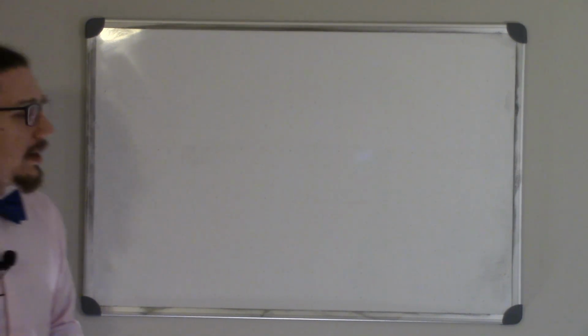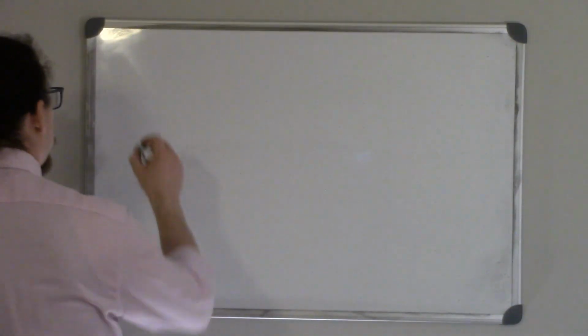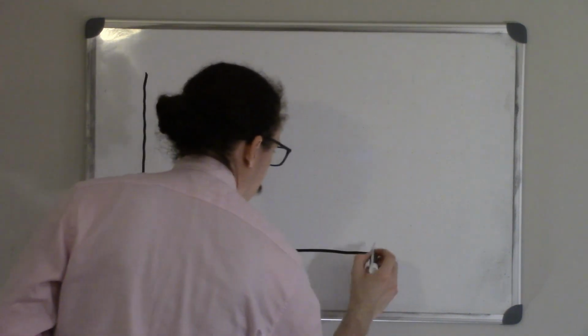All right, so let's look at an example. We talked about what shifting curves looks like, but let's actually put it into practice and maybe illuminate some things a little bit more.